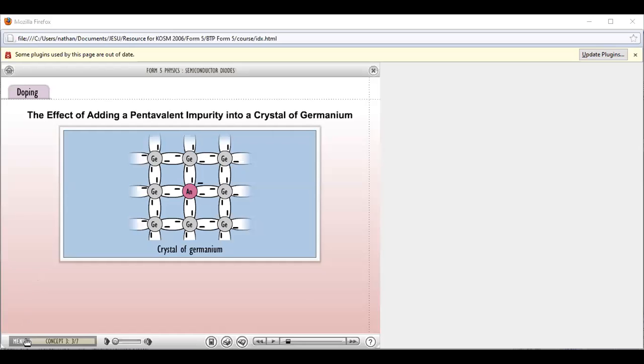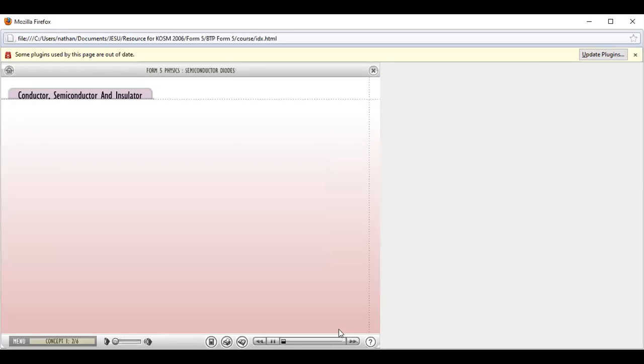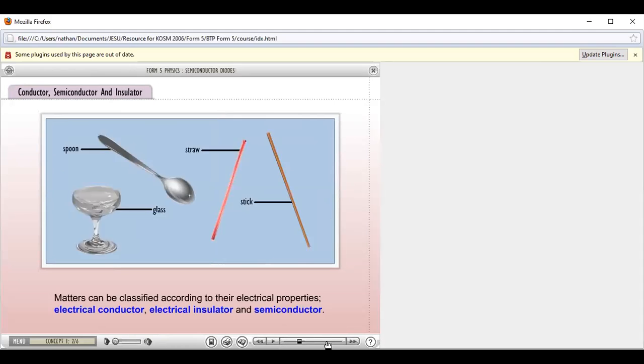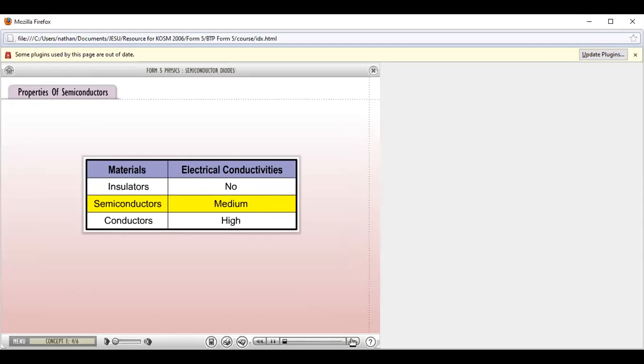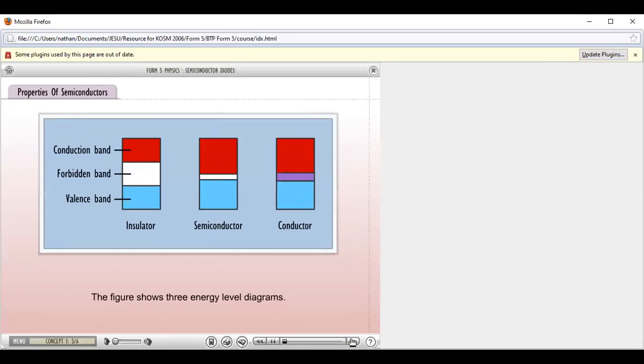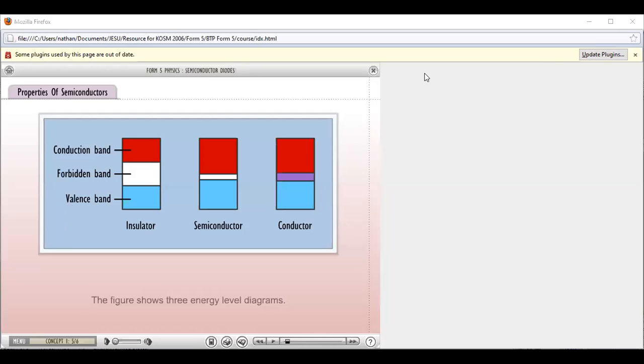Now, if we try to explain using the energy level, let's say this is your semiconductor.